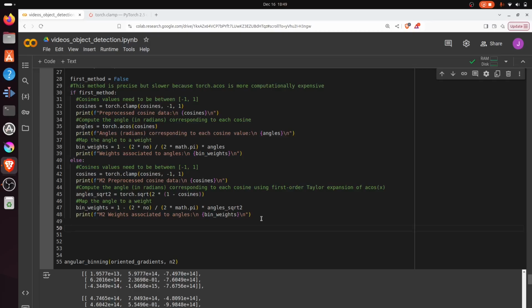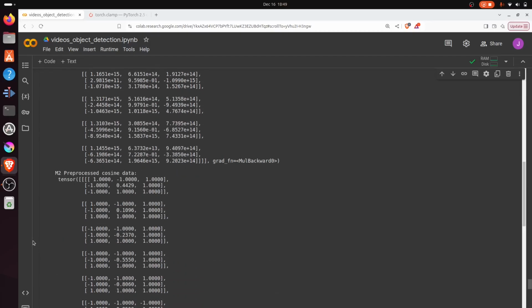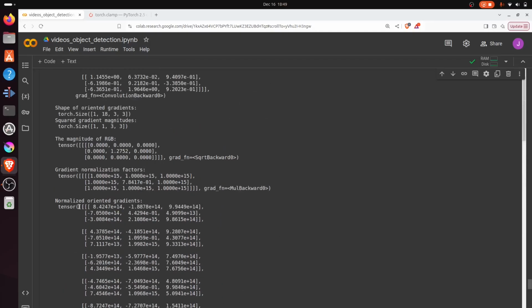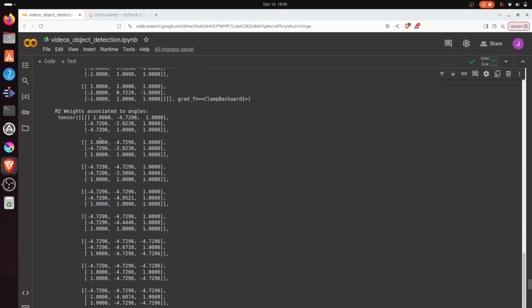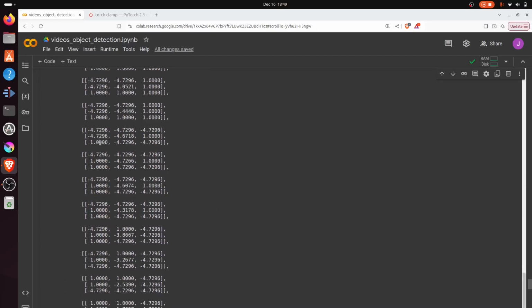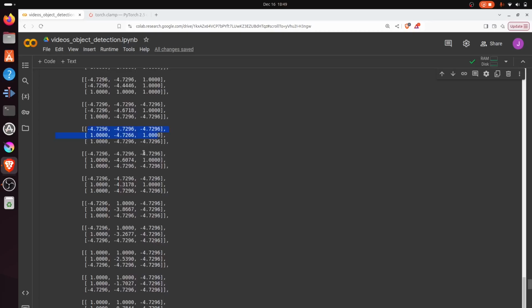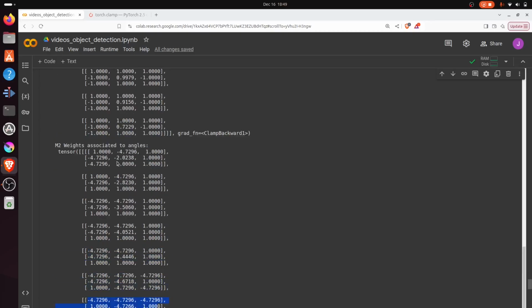So now we see that in both cases, in both methods, we observe that we get negative weights associated to our angles.